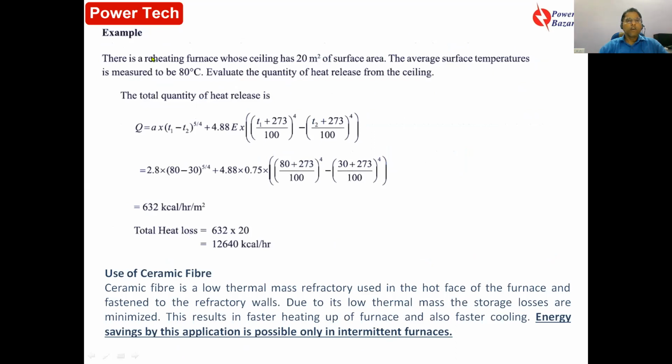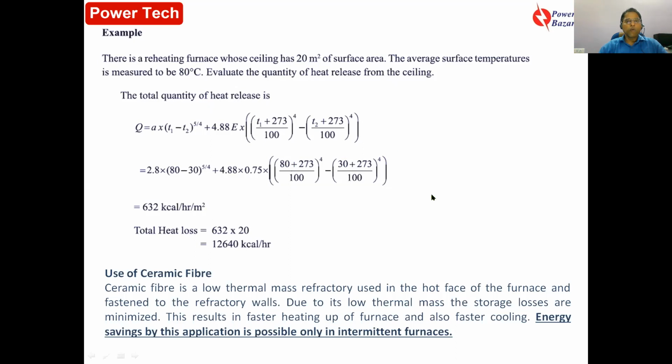Now, let us solve this problem. The average surface temperature is 80 degrees Celsius. So what is given? T1 is given as 80. Now what is the ambient temperature? You can assume it if it is not given, so ambient temperature is 30. So T2 is 30. The surface area is 20. What is the heat loss from the ceiling?